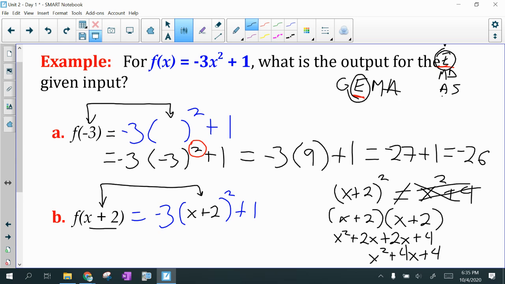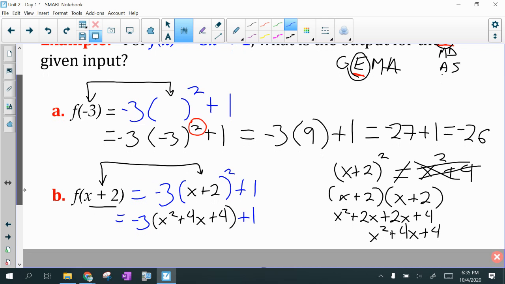And that's all good. So now I'm going to go back to my original expression here, which is going to be negative 3 times, we've got this x squared plus 4x plus 4, plus 1.